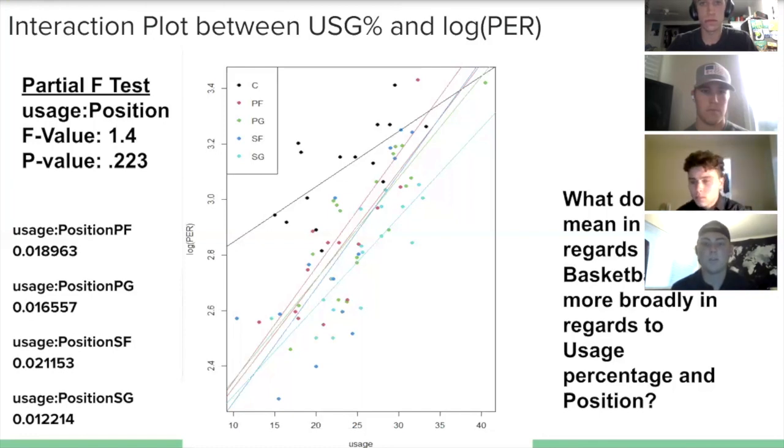Now, given that we only took a sample of the 100 best players as predicted by ESPN and not the whole league, this could be very different when we take into account the 500 plus players. But for the best players in the league, there really was no difference. And that's our presentation.